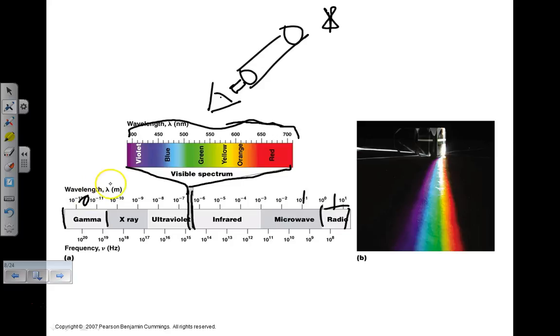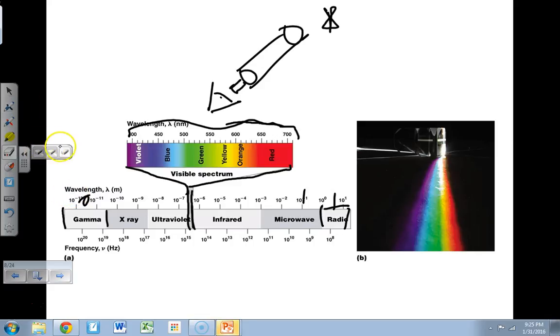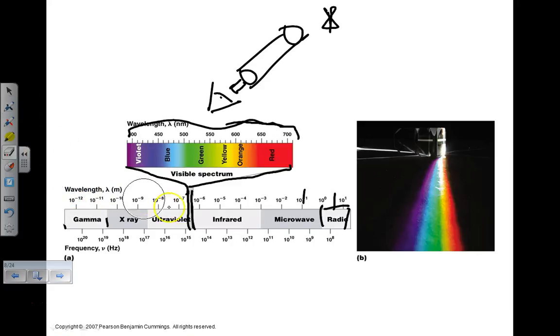Okay, and you can see the relationship here as the wavelength changes. Let me get rid of some of this here. The wavelength here is getting bigger. Radio waves have really big waves in meters. Look, this is 10 to the first meters. 10 to the first is 10 meters, and it goes on.